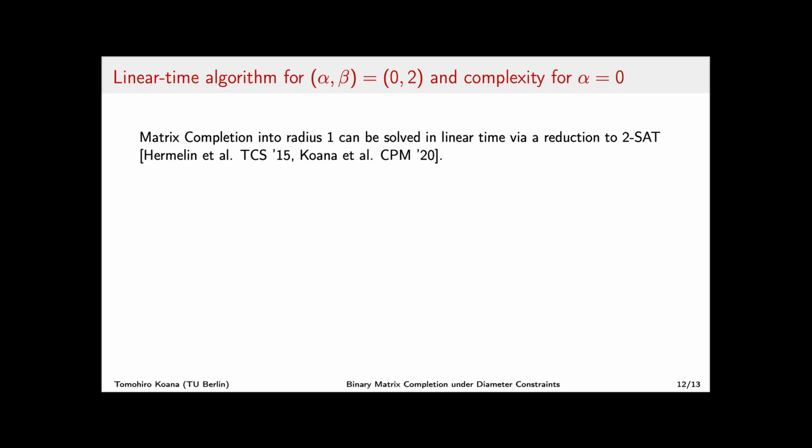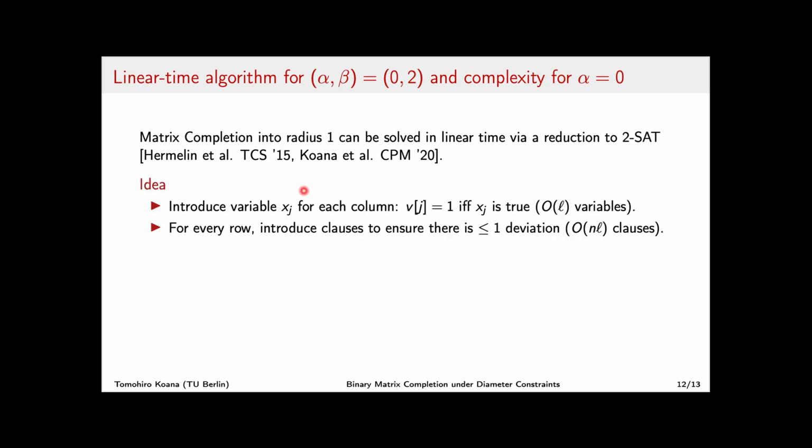This was done in previous work, but for the sake of completeness, I'm just going to give you the idea of the reduction. So basically, we introduce a variable for every column, say xj, and the idea for xj is that this is set to true if and only if the jth column of the sought vector v is equal to 1. So clearly we are going to have at most L variables.